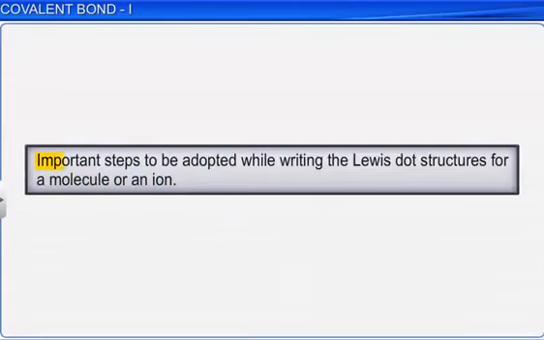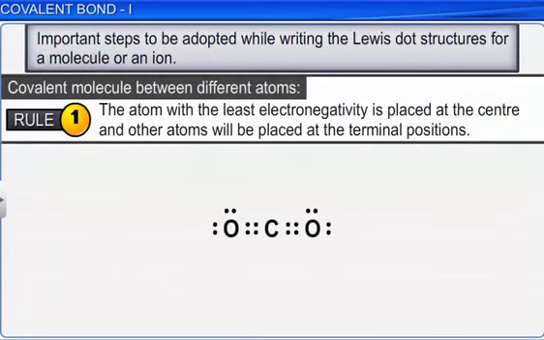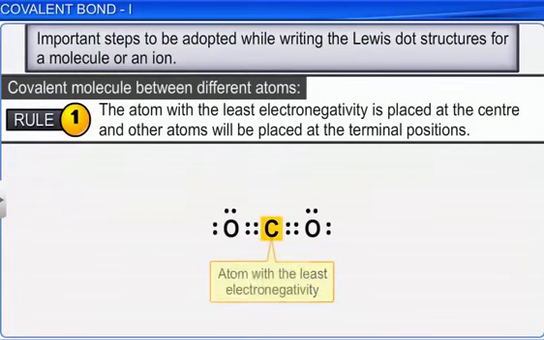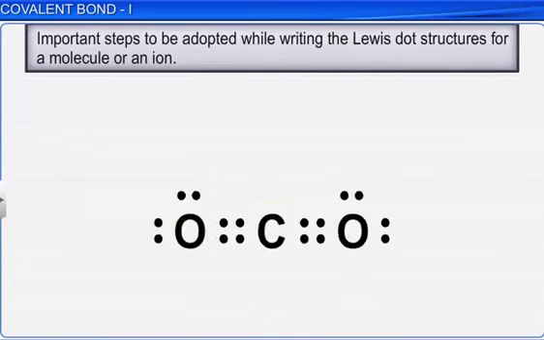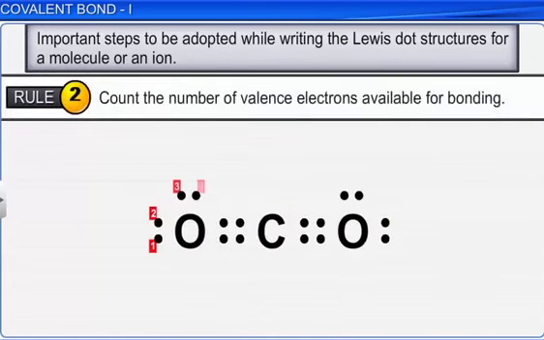Let us look at certain other important steps to be adopted while writing the Lewis dot structures for a molecule or an ion. In case a covalent molecule is formed between different atoms, then the atom with the least electronegativity is placed at the center and other atoms will be placed at the terminal positions as shown here for a carbon dioxide molecule. Now, count the number of valence electrons available for bonding.